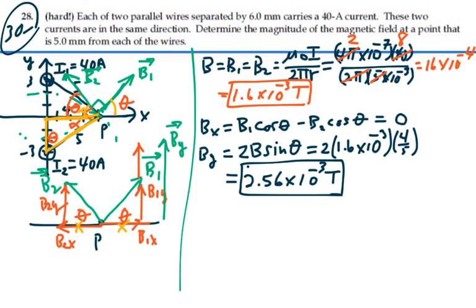And as we've drawn it, it would be in the positive y direction, just as the way we've set it up here. But the magnitude of that magnetic field is 2.56 times 10 to the minus 3 Tesla.